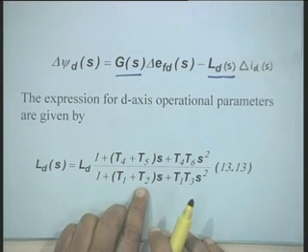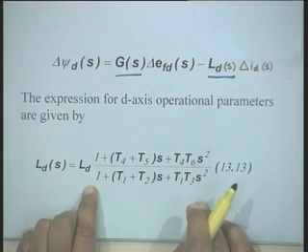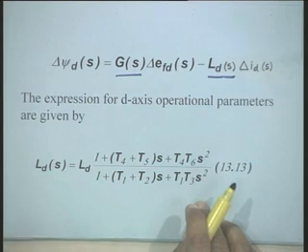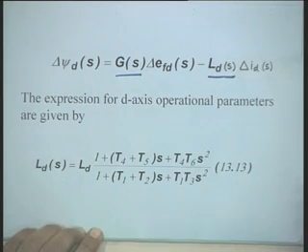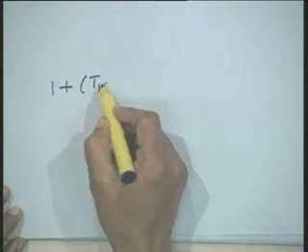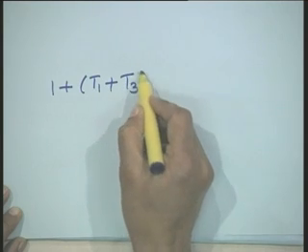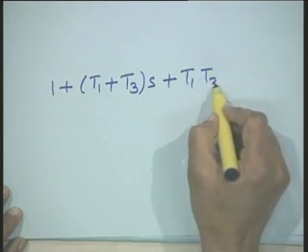Suppose instead of T2 here you have T3, then this can be broken into factors. Suppose you have the expression of the form 1 plus T1 plus T3 into S plus T1 T3 S square.